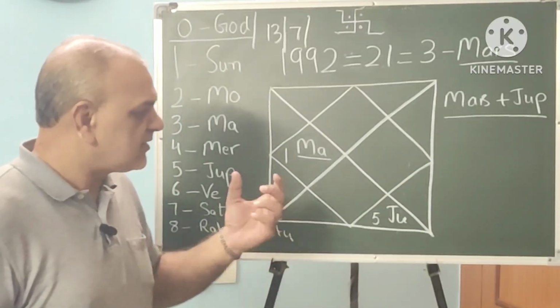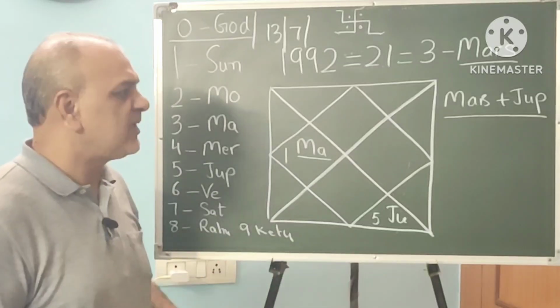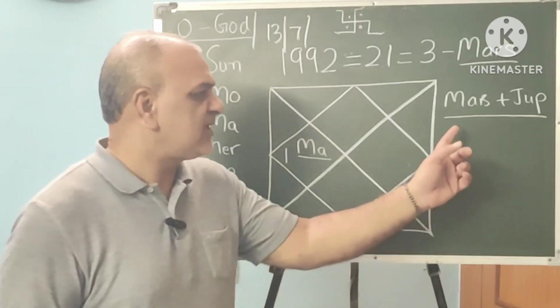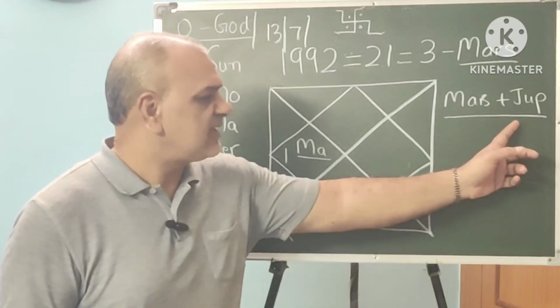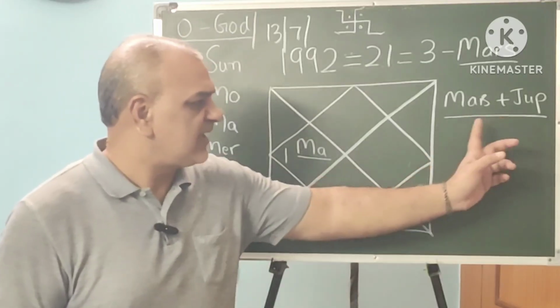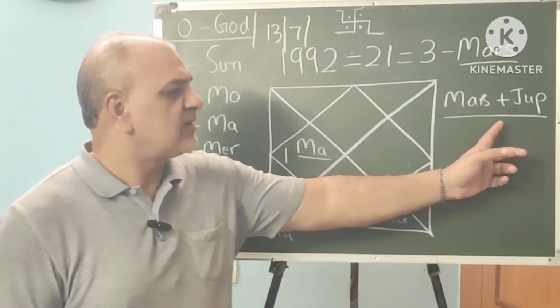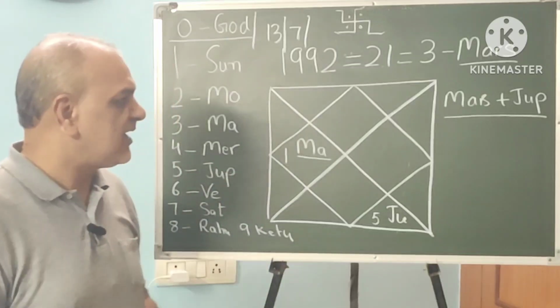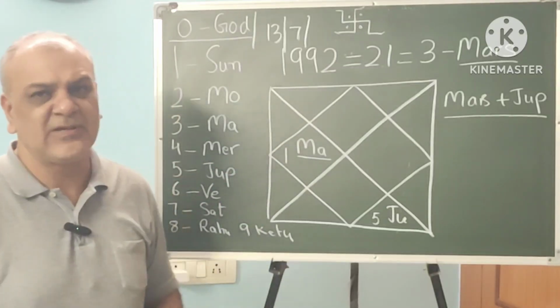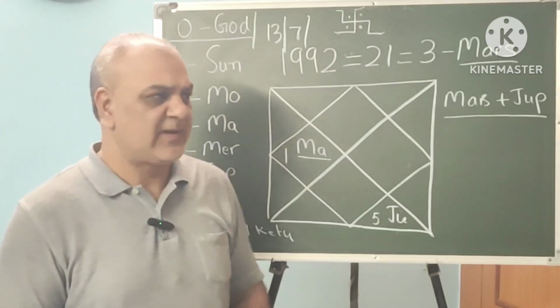There are a lot of other predictions also. When you jump into combinations, there are plenty of predictions. Mars Jupiter: income from land and property, he will have land and property, he will have an adamant nature. A lot of predictions can be made.